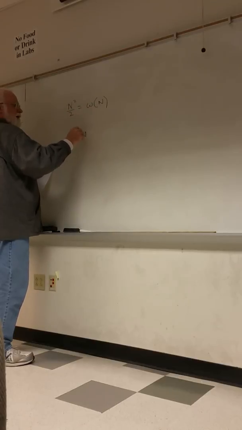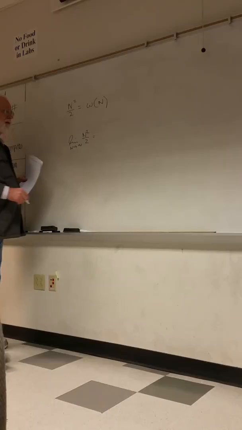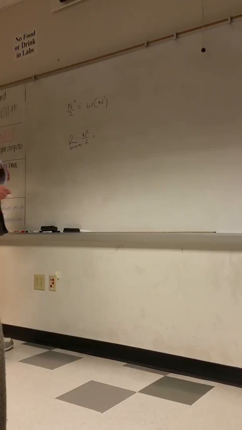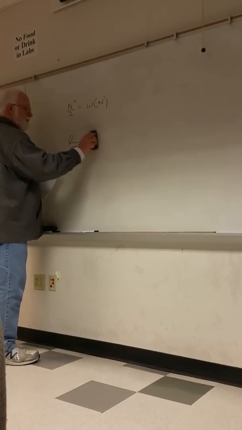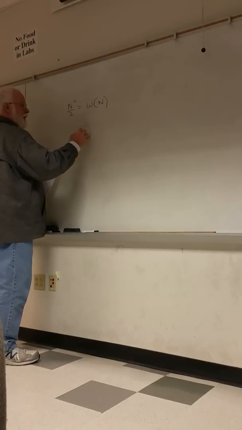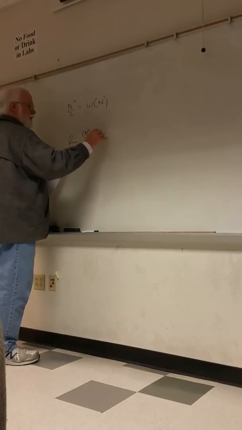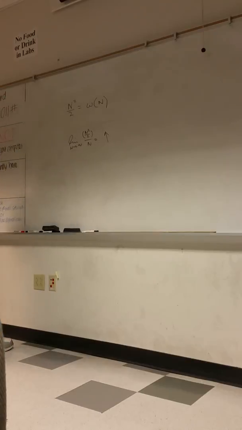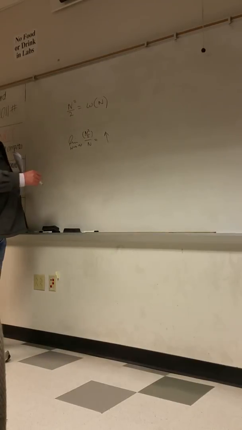I would expect n squared over 2 in the limit, as n grows large, I would expect that behavior. Okay? If I take that limit and they're the same, then they're in the same big theta class.